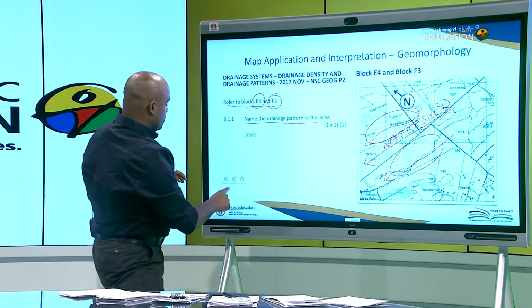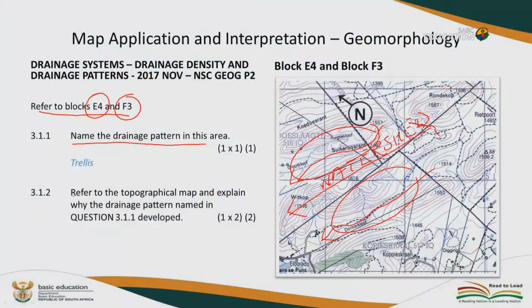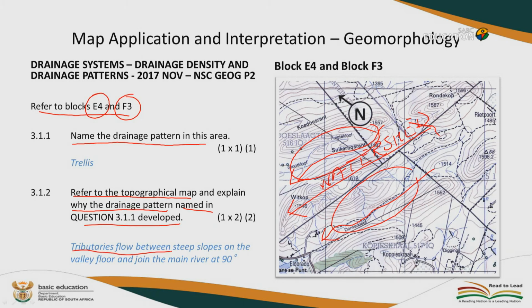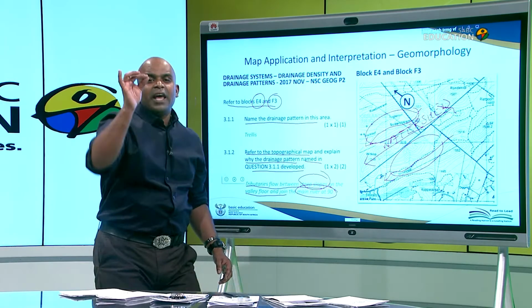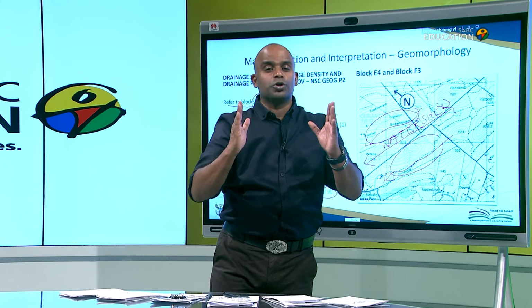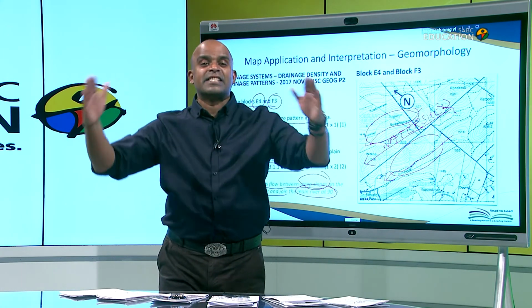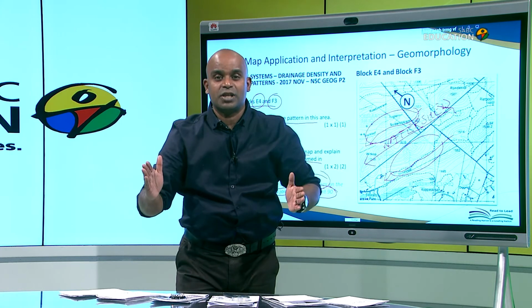So this particular question refers to the topographical map and asks you to explain why the drainage pattern developed. And obviously, looking at the answers, the tributaries flow between the steep slopes on the valley floor and join at 90 degrees. So, if it's a trellis pattern, note you have to find a watershed separating 2 parallel streams.